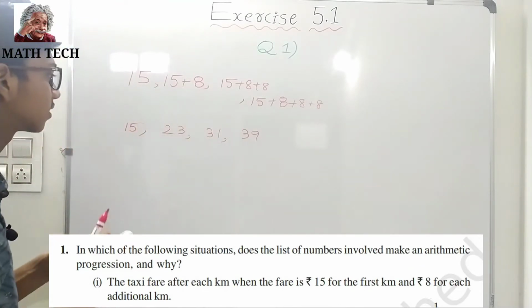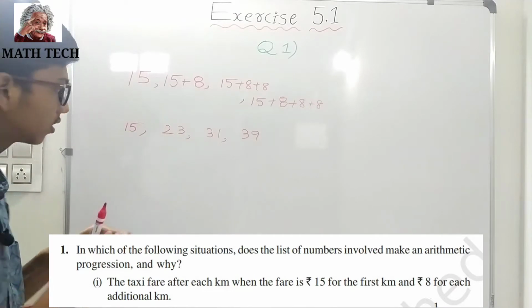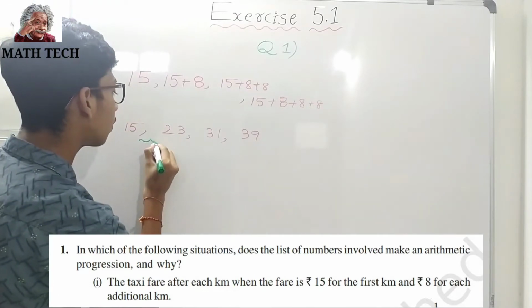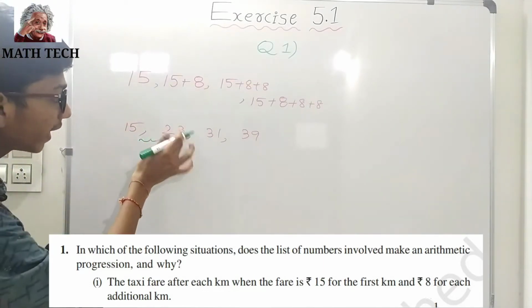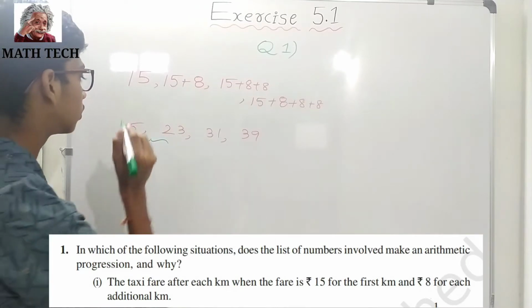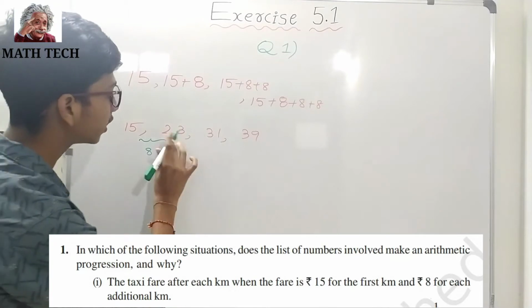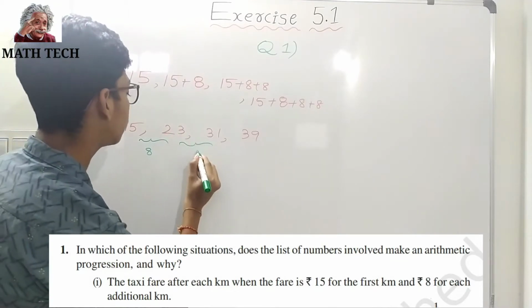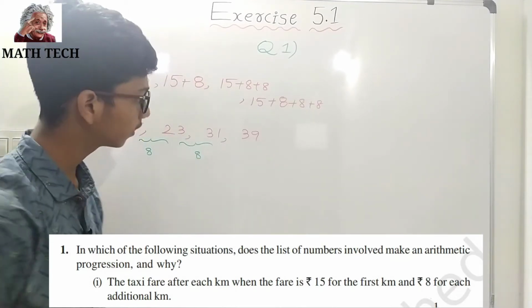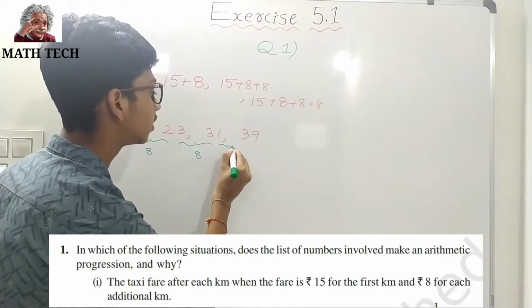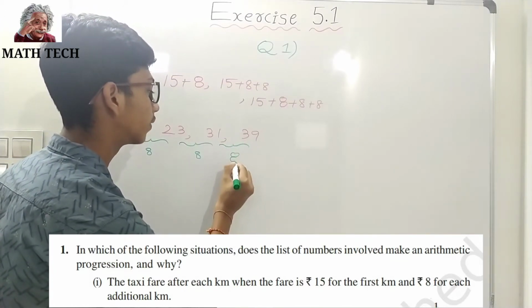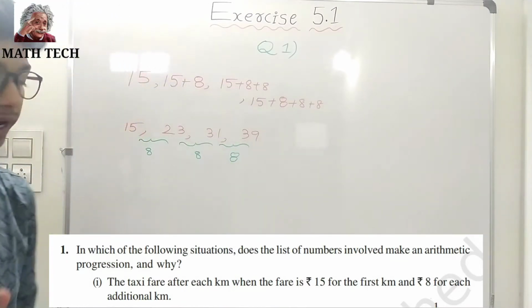So in this case, 23 minus 15, that is the common difference, is 8, and again 31 minus 23 is also 8, and 39 minus 31 is also 8.